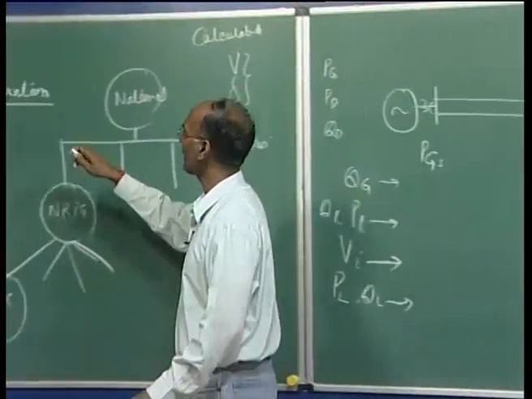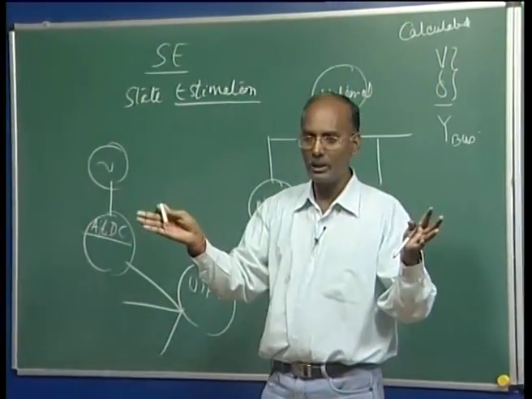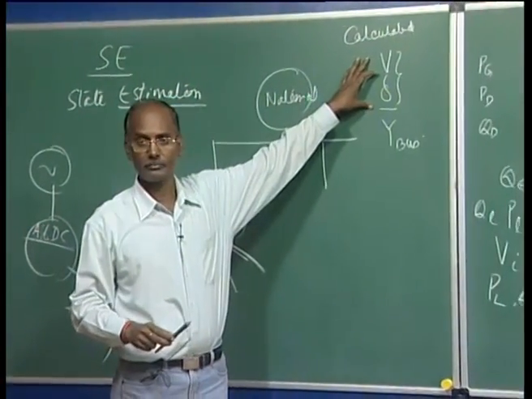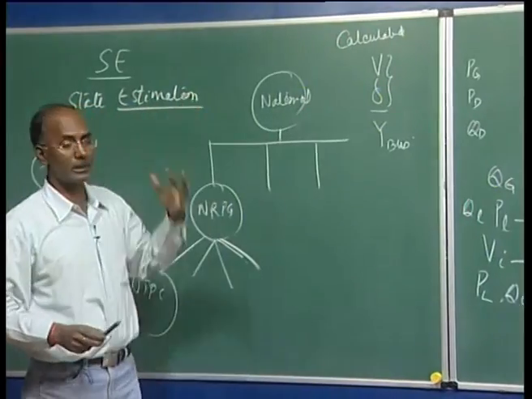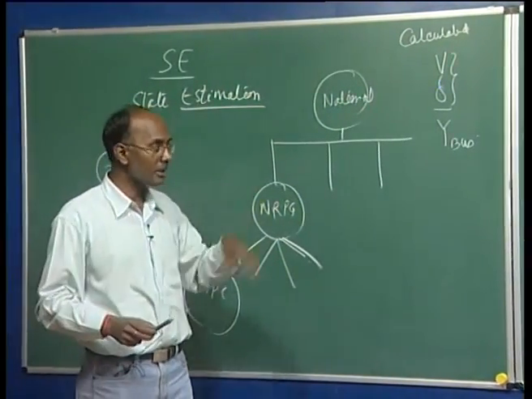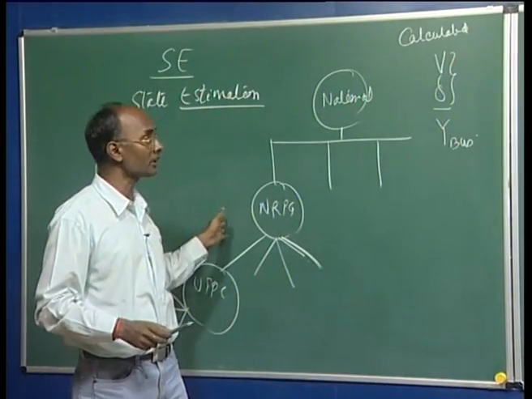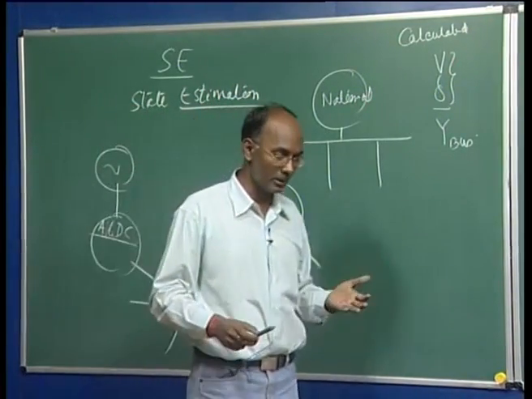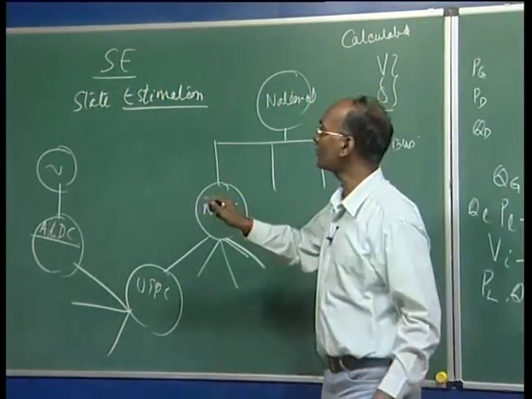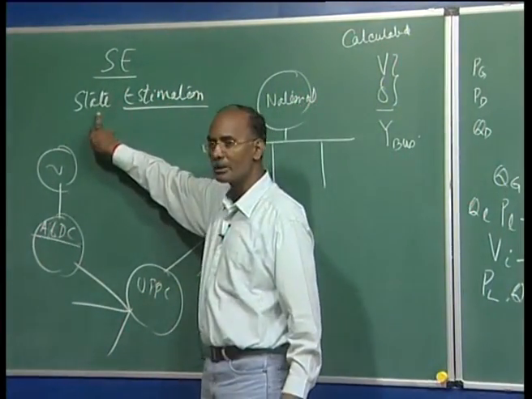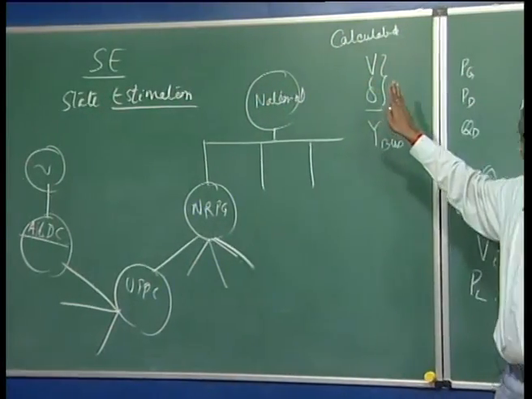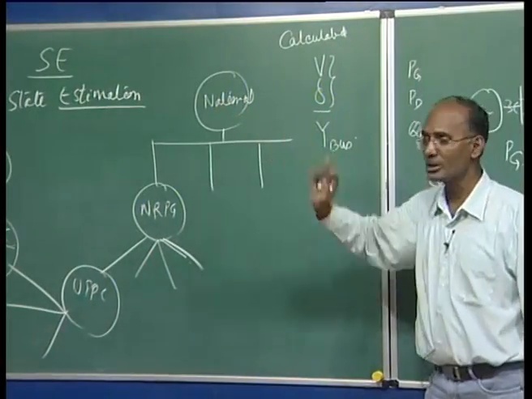In estimation, you have a lot of data, and from that you are estimating the state of the power system, because the data is measured data and has errors etc. Based on that, using a large number of equations, we try to minimize the error of the data that is measured and transmitted to your control center. So, the difference between state estimation and load flow: here also we are estimating the state, that is voltage and angle, but here we are doing the power flow, which I call a calculation, and there I call it state estimation.